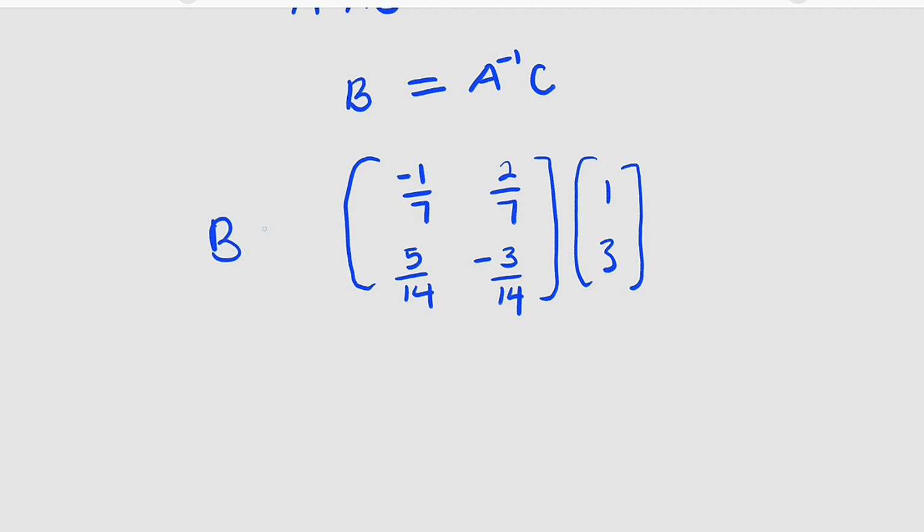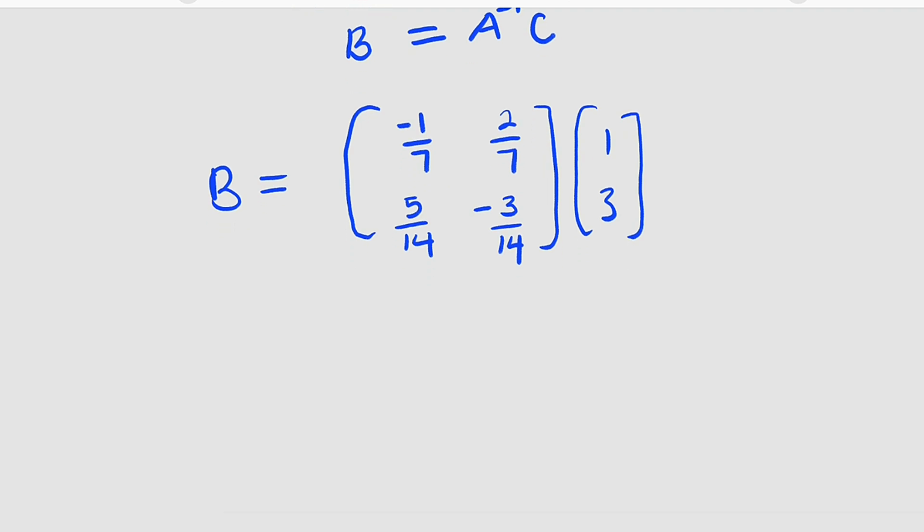Let me multiply this with 1 and 3. Remember, this is B, which stands for the values of x and y. We take the first row and multiply by the first column. Already we have only a single column. It is going to be negative 1 divided by 7 multiplied by 1, plus 2 divided by 7 multiplied by 3.